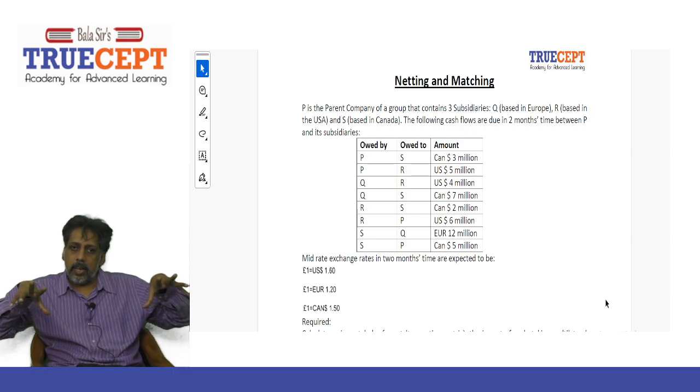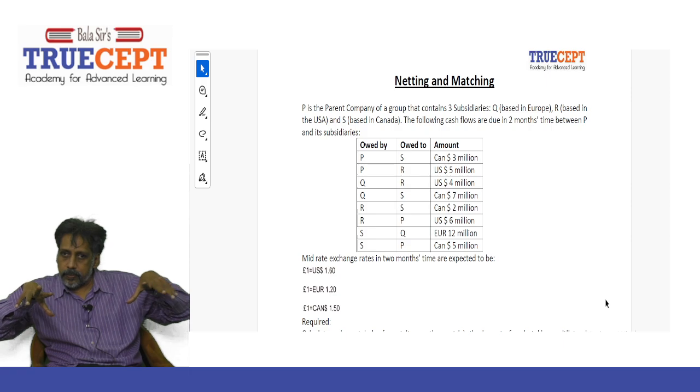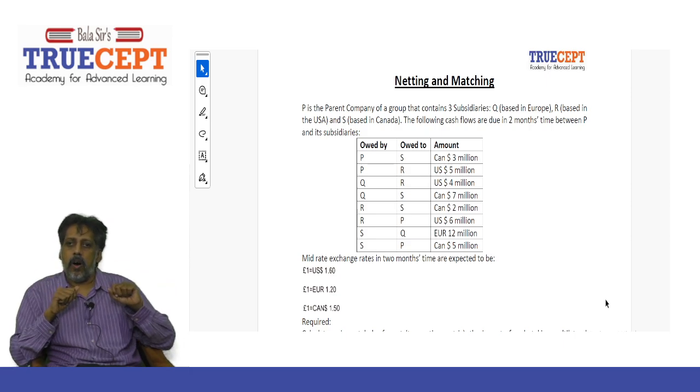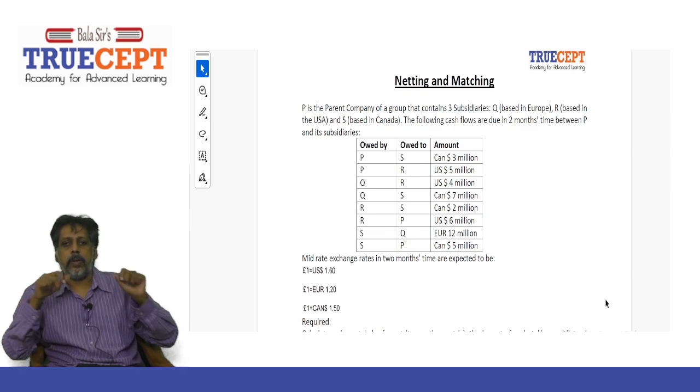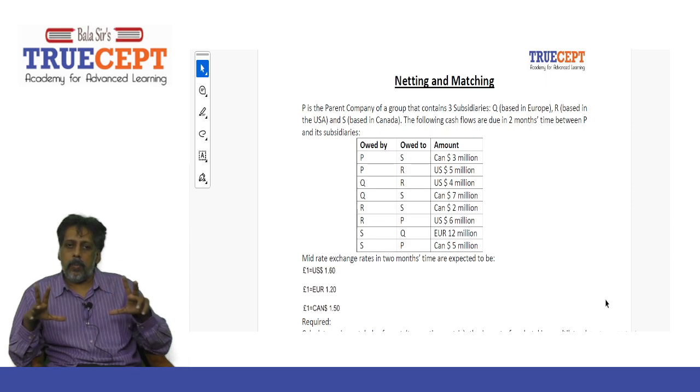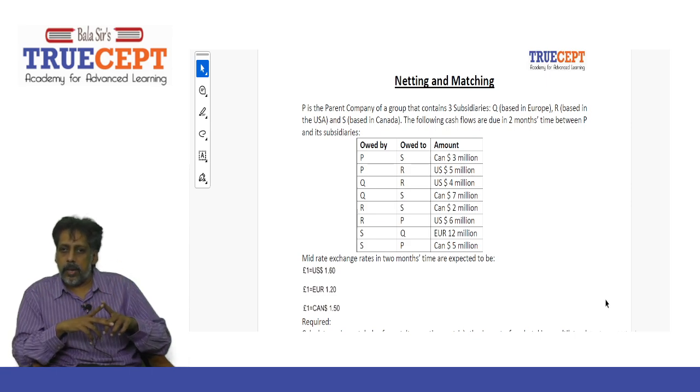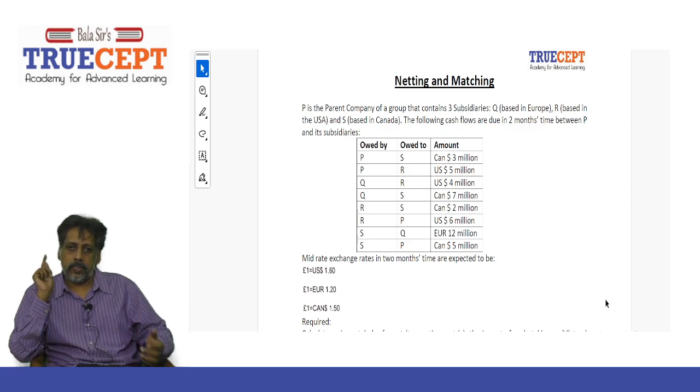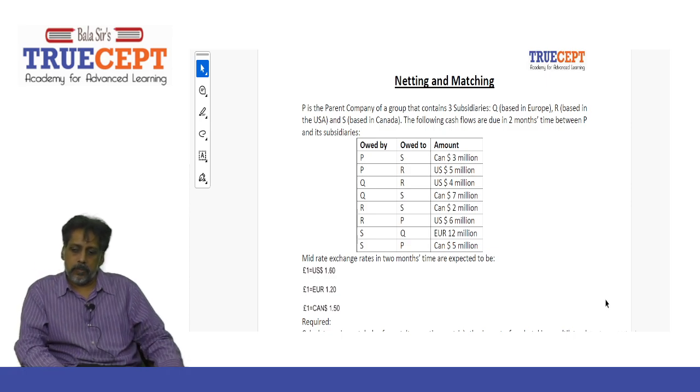These are inter-company owings, or intra-group owings. They all belong to the same group: a parent P and all its subsidiaries Q, R and S. Now owed by and owed to, and the amount columns are given.